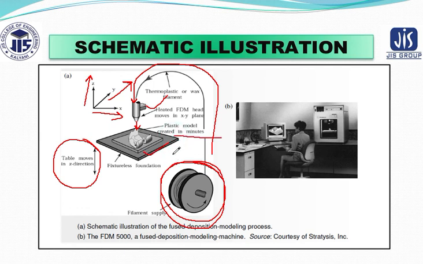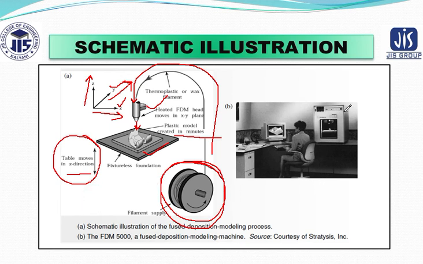It has been created within a minute, so you can see how fast the process is occurring. The head movement is basically in the X and Y direction. So one thing you have to remember: the extrusion head movement occurs in the X and Y direction plane, and the table movement occurs in the Z direction plane.